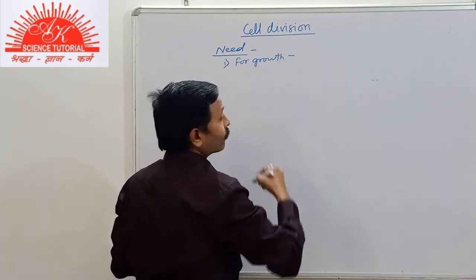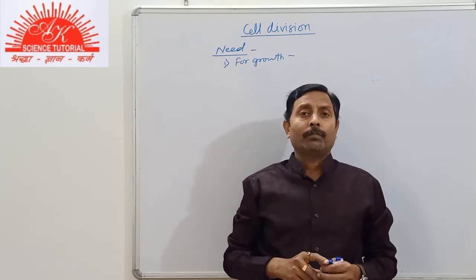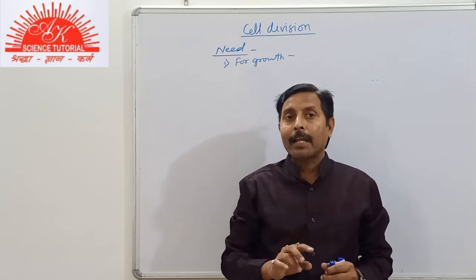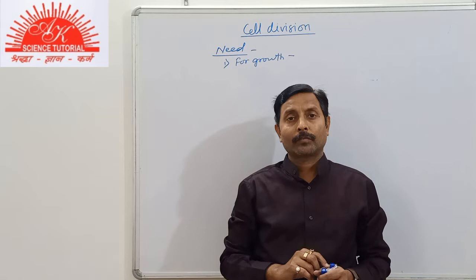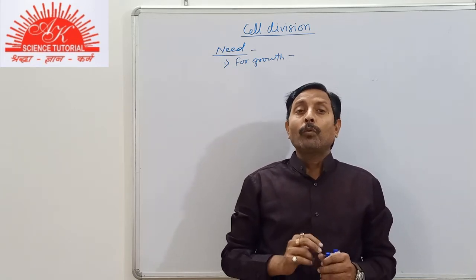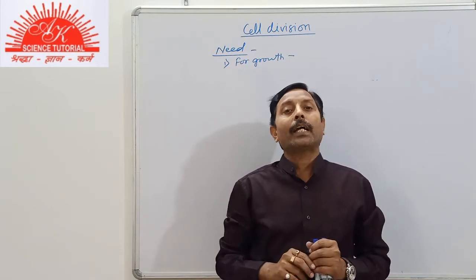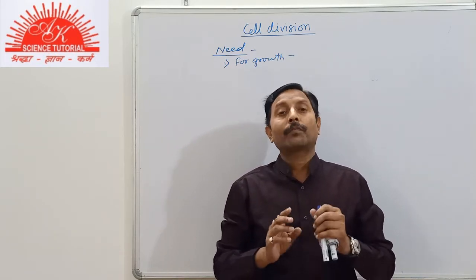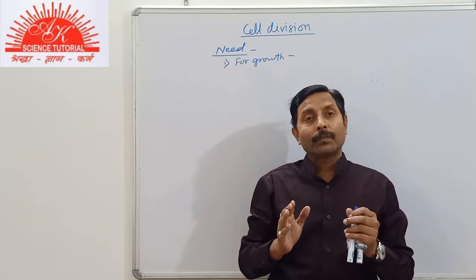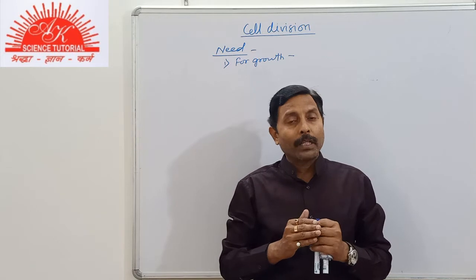of the body. Like you know that every organism starts its life from a single cell. We are complex organisms. We also started our life from a single cell called zygote. After fertilization, when the zygote is formed, gradually cell division takes place.